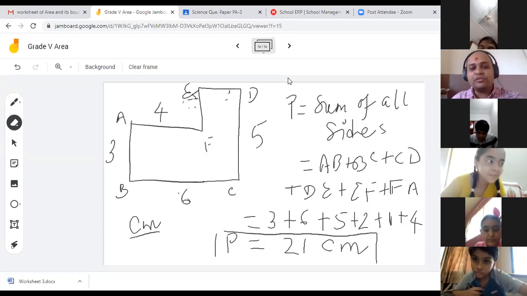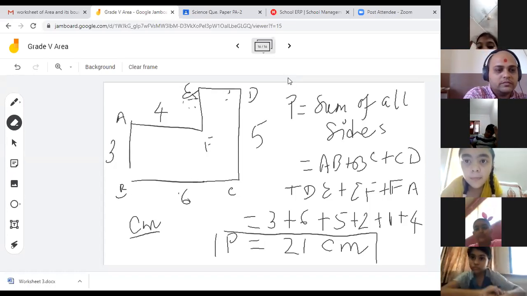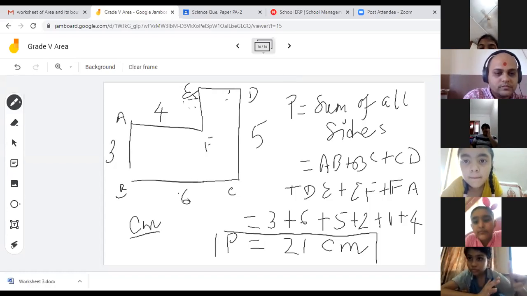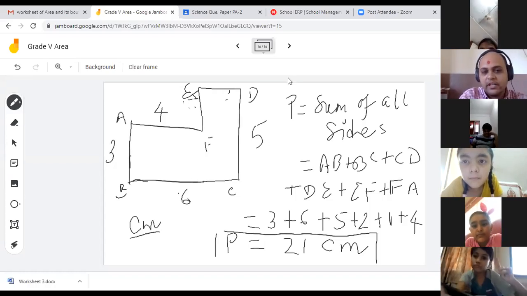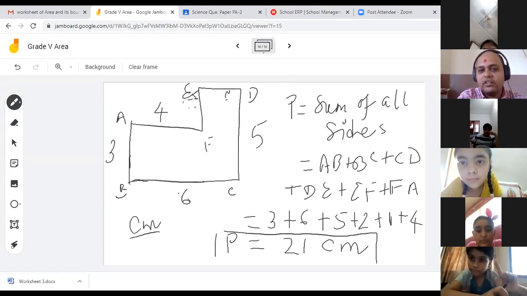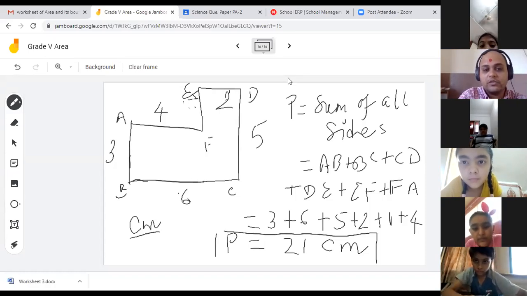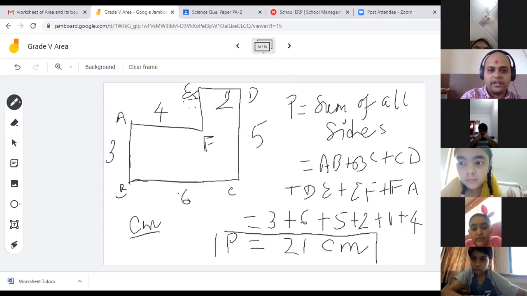Right? So how will you find distance ED? Simple. This is, oh sorry, this is 6 centimeter and this is up to 4 centimeter. So 6 minus 4 is 2. Same way, CD is 5 and this one AB is 3. So E to F is going to be 5 minus 3 is 2, right?